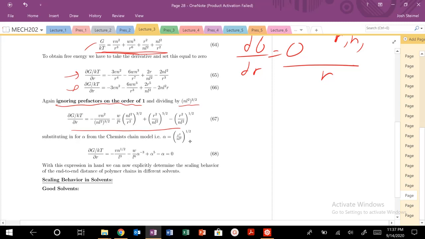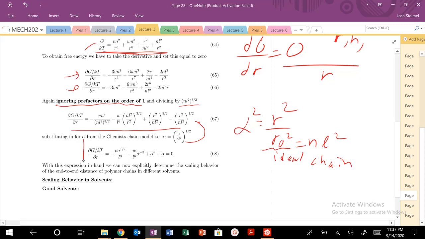We also know this expression for alpha: alpha squared equals R squared divided by R naught squared, where R naught squared is equal to NL squared, our ideal chain length. Plugging all that in and setting it equal to 0, we finally get this expression, our whole function in terms of L's, N's, R's, and alphas.